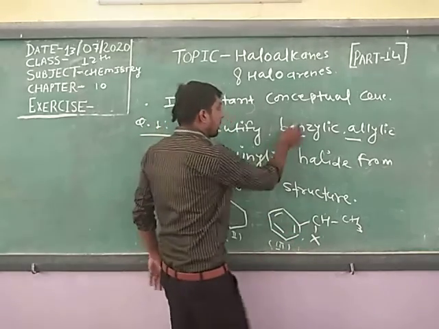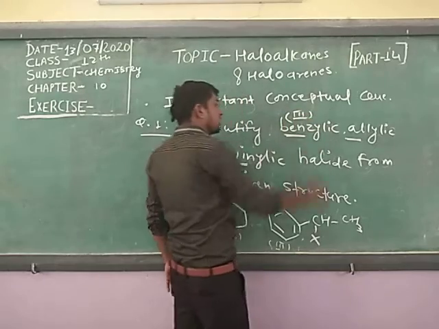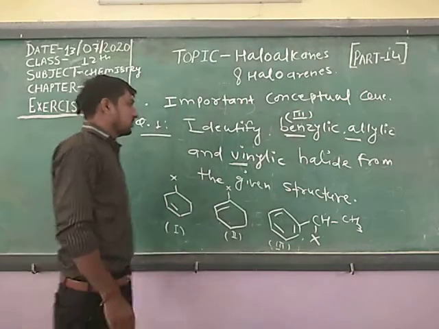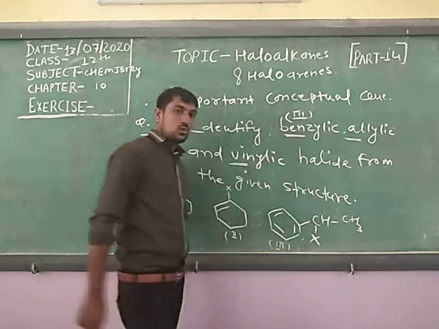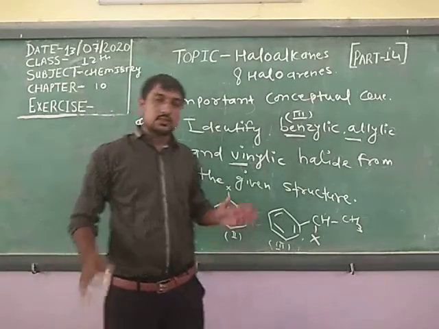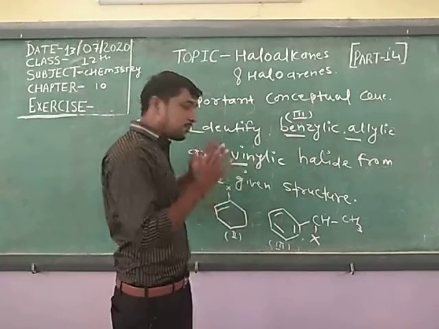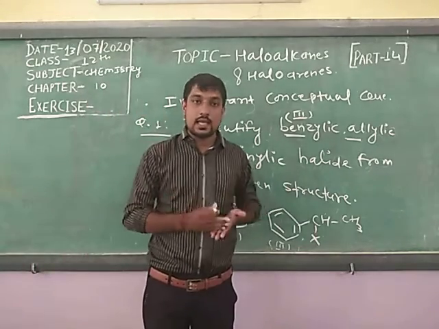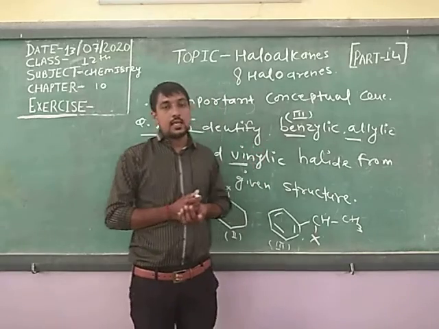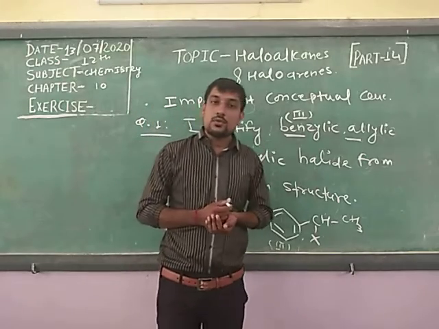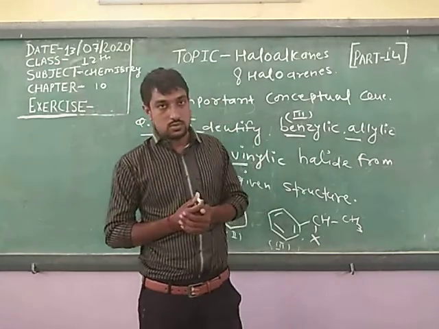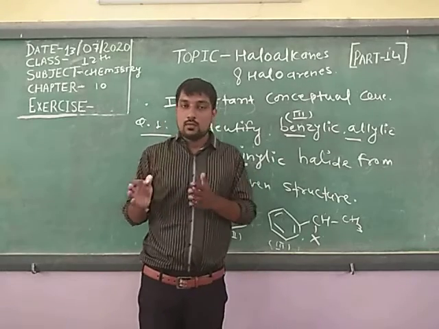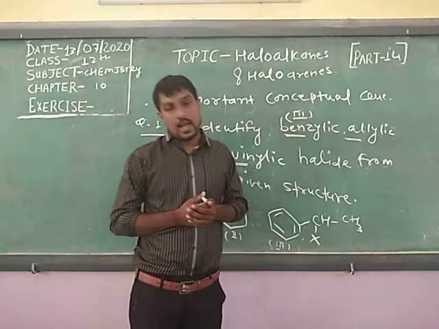So the third one is the benzylic group, then allylic and vinylic. In the last class I explained all the topics about allylic and benzylic, and I gave you the definition of allylic and vinylic halides also.